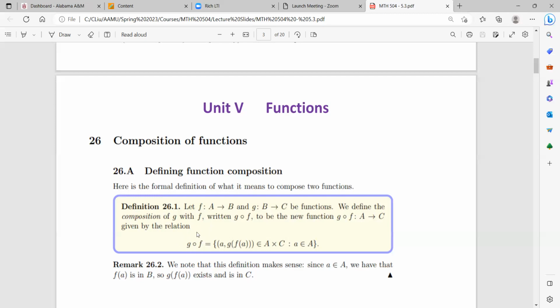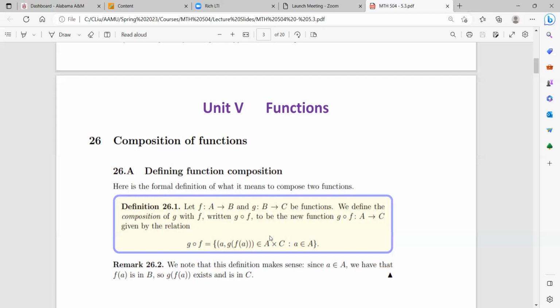So let's just define this relation G circle F. It will be from A to C. A relation is a set of ordered pairs, remember? So G composed F will be from A to C.